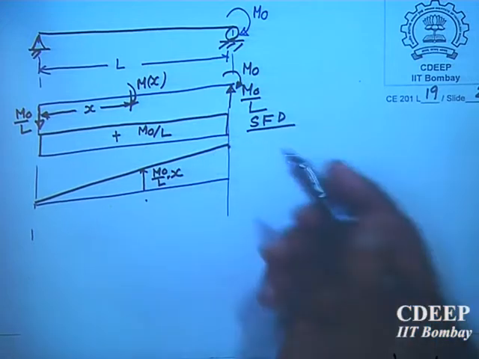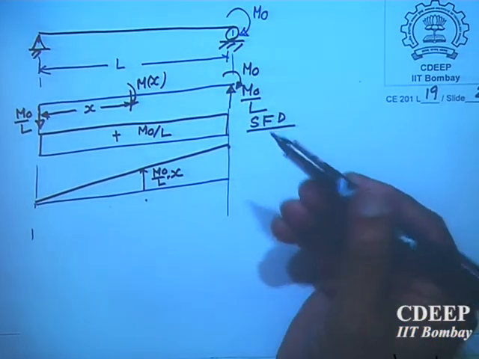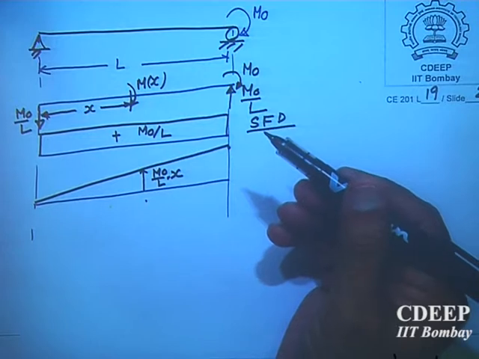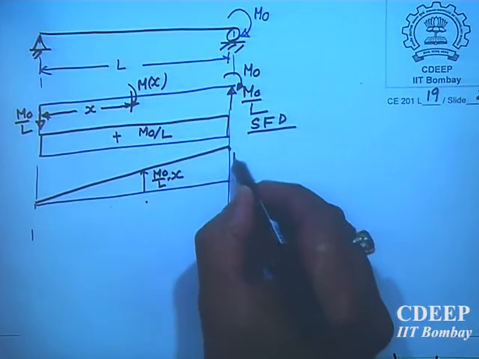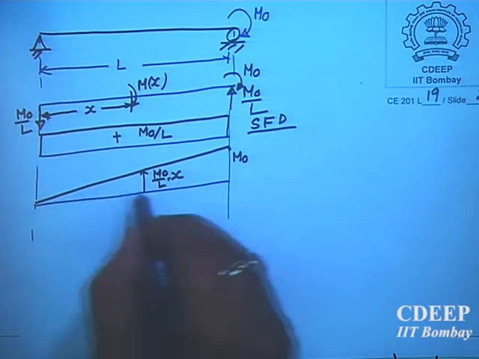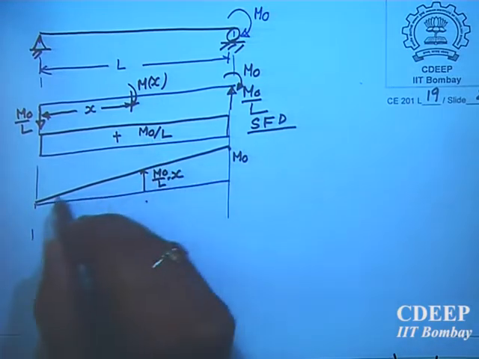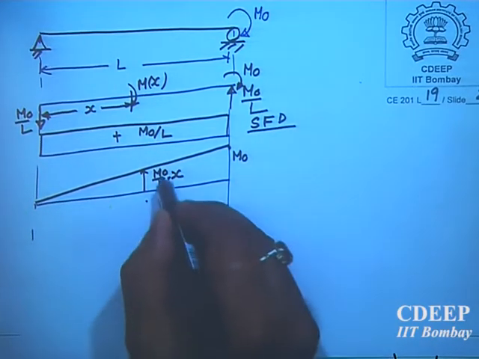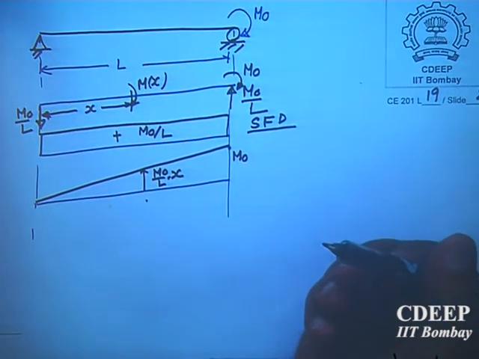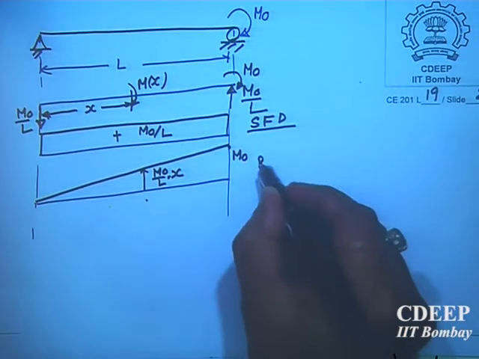It has to be m naught because applied is m naught. So it cannot be more or less than that. At the point where it is applied m naught, you must have m naught. So here it is m naught, because if you substitute x equal to L, you are getting that. So my equation is this: at any x, it is m naught divided by L into x. Is it okay? So this is my BMD diagram.